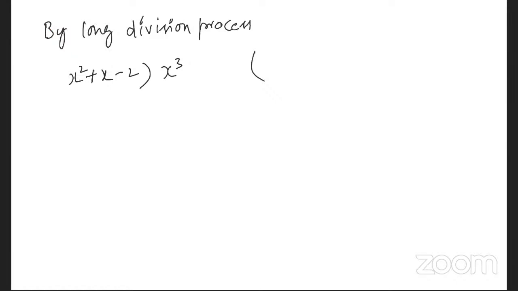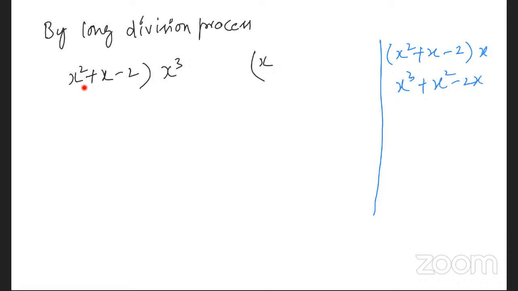So first you have to multiply this with x. What are you going to get? (x square plus x minus 2) into x is x cube plus x square minus 2x.